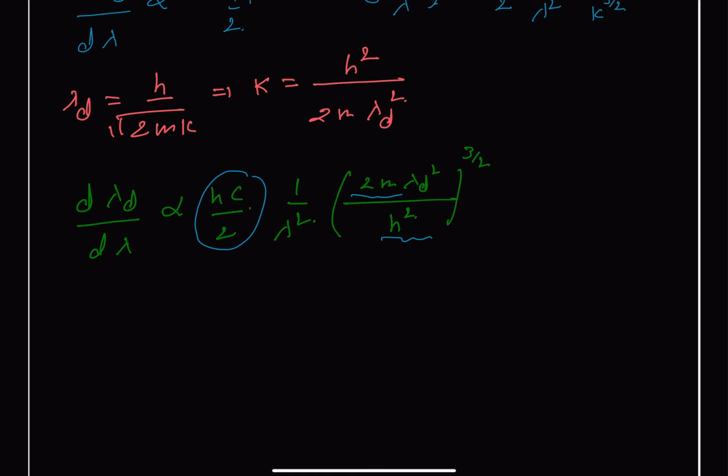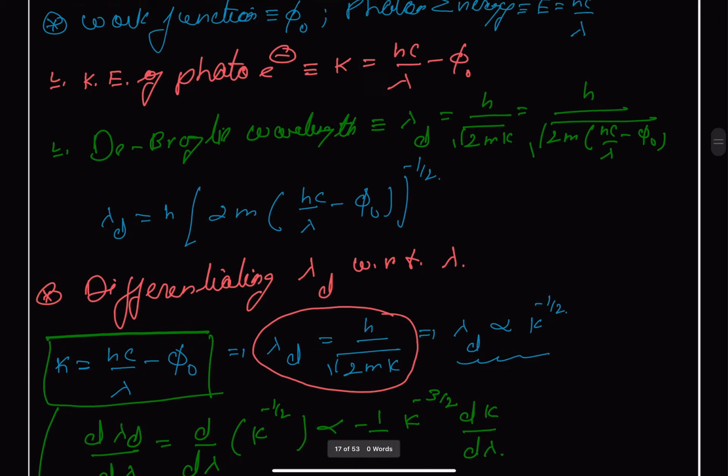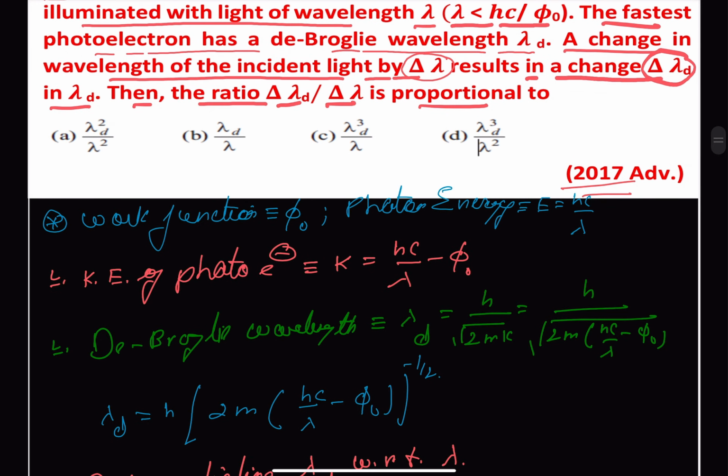So in terms of proportionality, this will be lambda d cube divided by lambda square. So this is our final answer, lambda d cube and lambda square. So option D is correct.